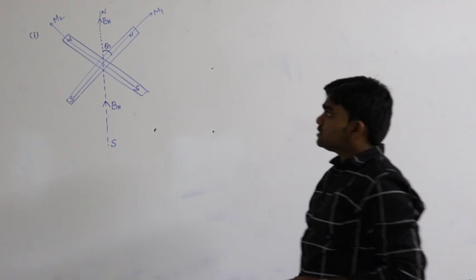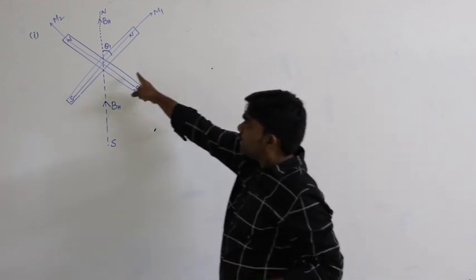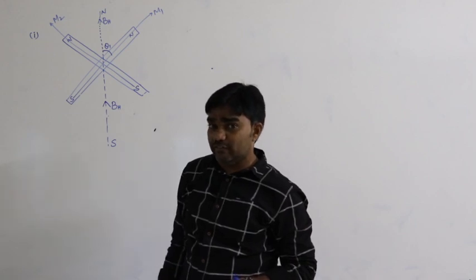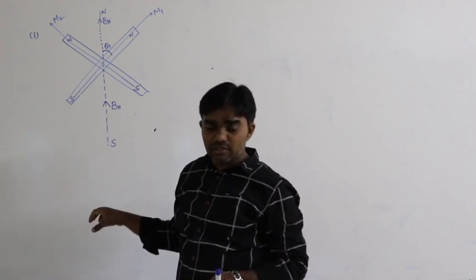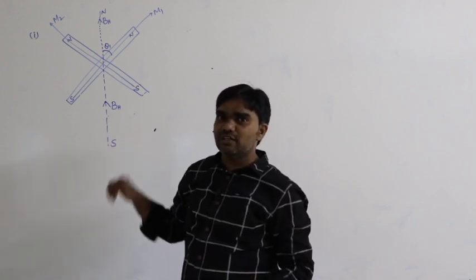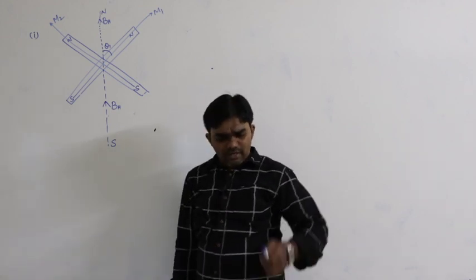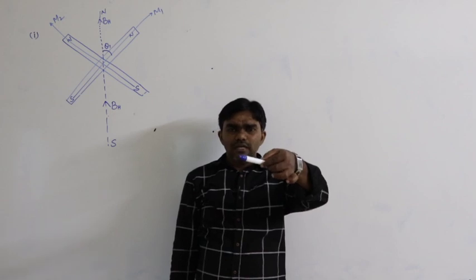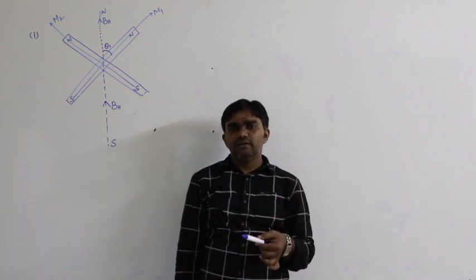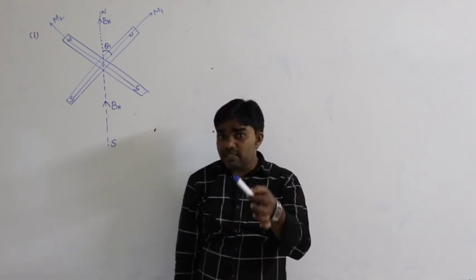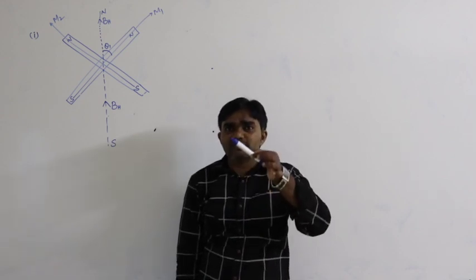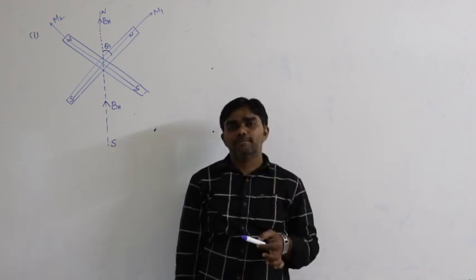Here the concept is, these two magnets are arranged at an angle to the horizontal component of Earth's magnetic field, suspended in BH, yet there is no deflection in the magnets. Definitely, if a magnet is placed at a certain angle with a magnetic field, it must experience torque.